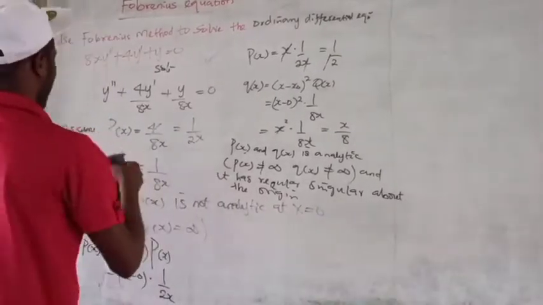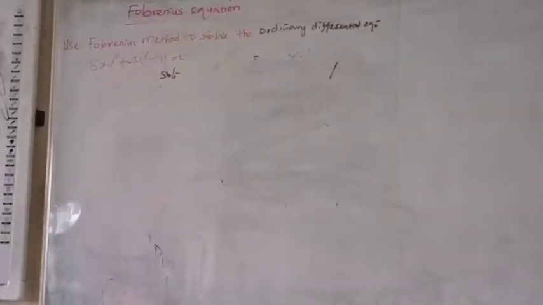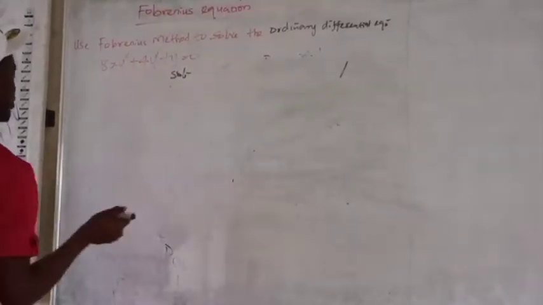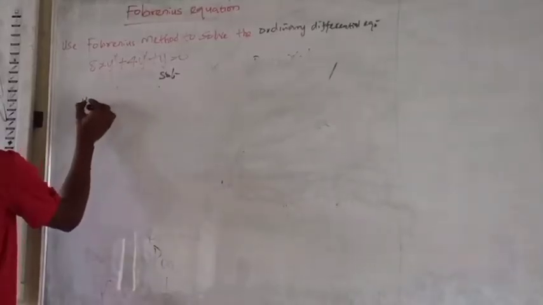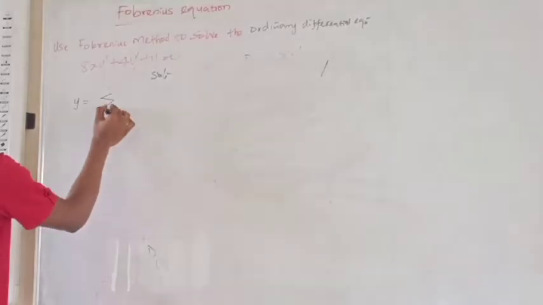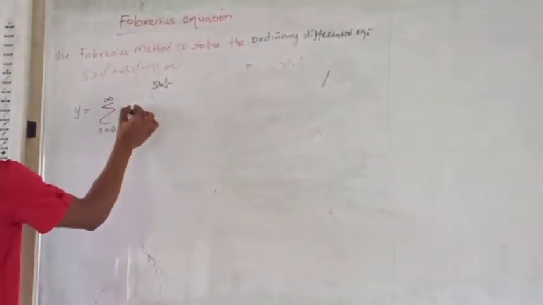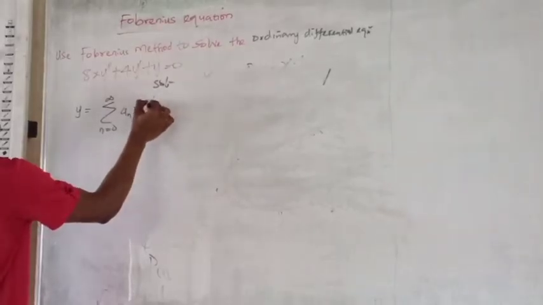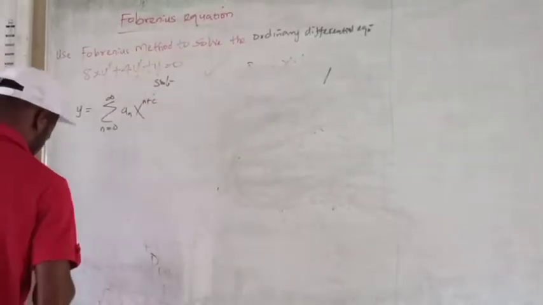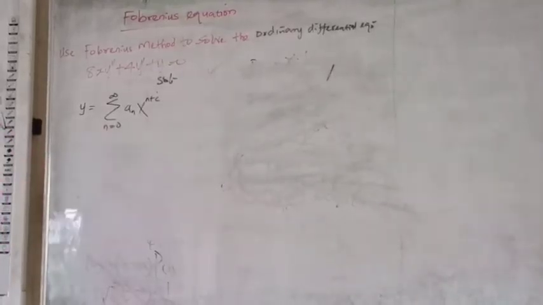So I'll have to erase here. Using Frobenius method of solving differential equation, I know that my y is equal to the summation from n equals 0 to infinity of a subscript n x raised to the power n plus c. So this is the series for Frobenius.